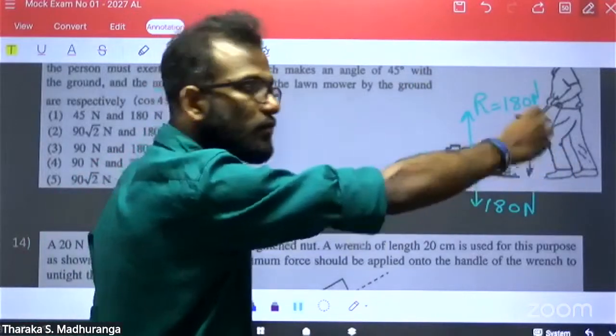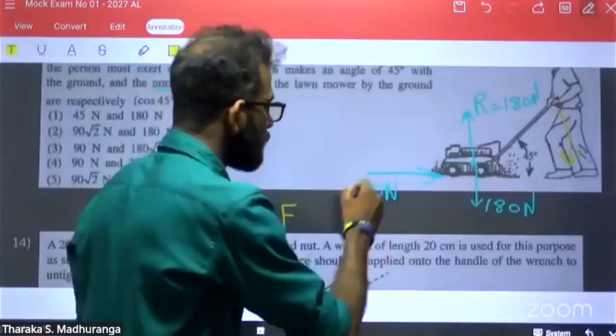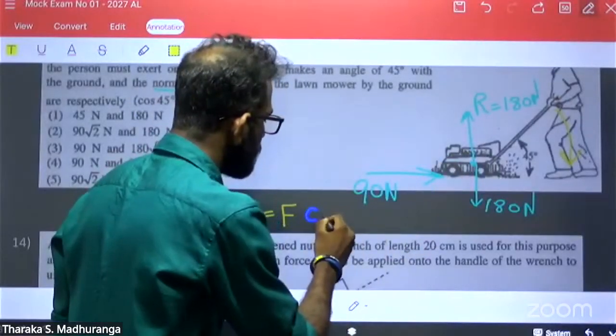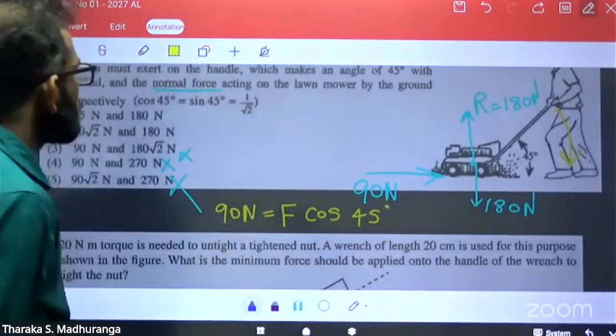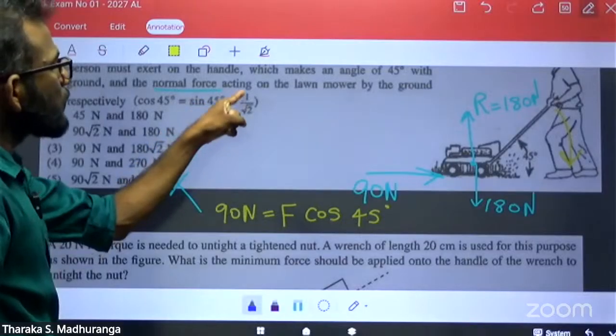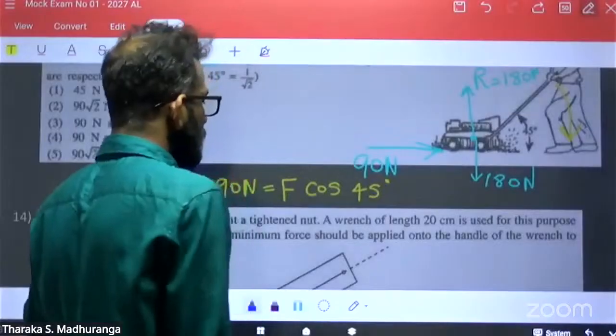Resolution: F cos 45. The cos and sin of 45 are given here as 1 over root 2.